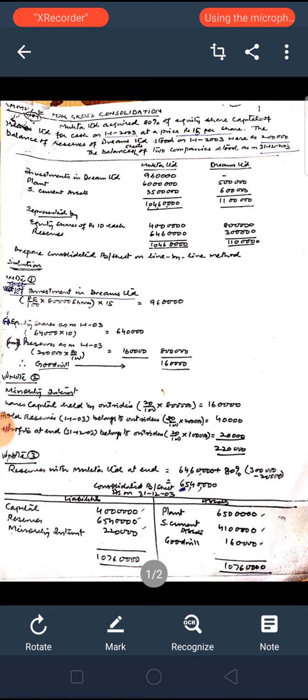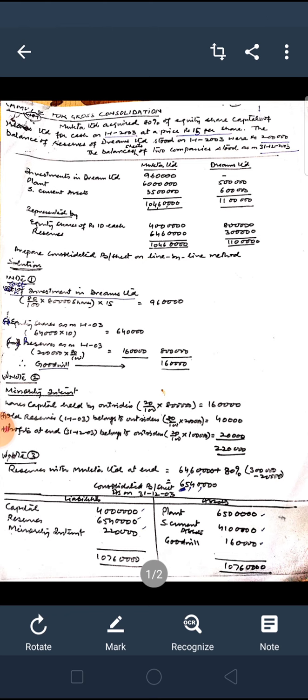Plant is 60 lakhs and 5 lakhs, current assets 35 lakhs and 6 lakhs, represented by equity shares of 10 rupees each, that is 40 lakhs and 8 lakhs respectively. Reserves are 64,60,000 and 3 lakhs respectively. We are supposed to draw the consolidated balance sheet by the line-by-line method or gross consolidation technique.